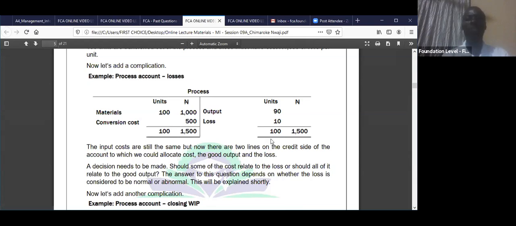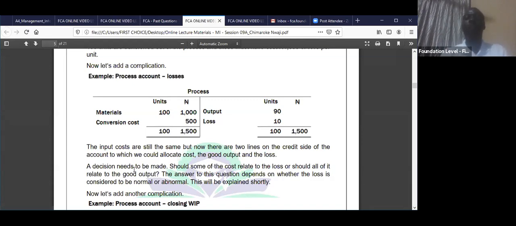So the cost inputs are the same, but now there are two lines on the credit side of the account to which we must allocate costs. So you see, there is a loss being made here.